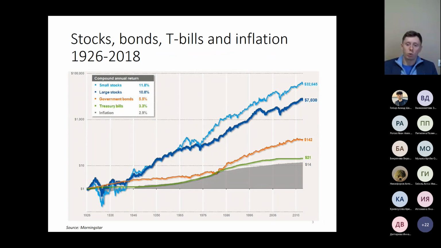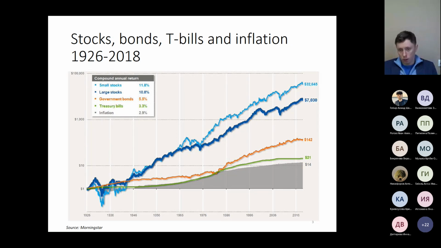This is how much money we would have from this amount in 2018. So if we choose the small stocks of publicly traded firms, then the amount that we would have would increase by 32,000 times, more than that.